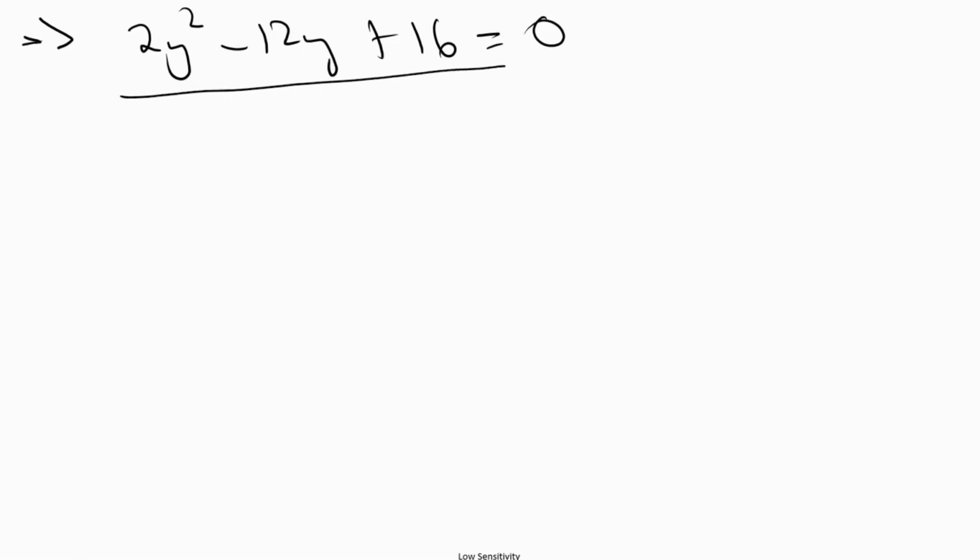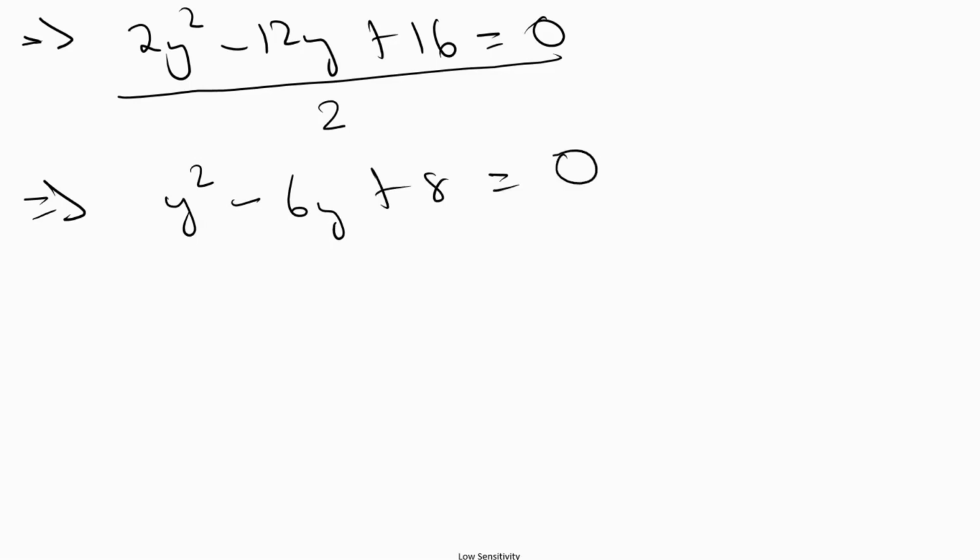We end up with 2y squared minus 12y plus 16 equals 0. As you can see here, we can divide everything by 2. So now we have y squared minus 6y plus 8 equals 0.